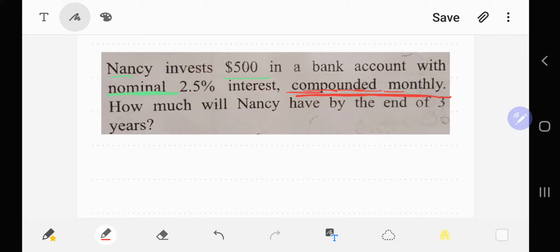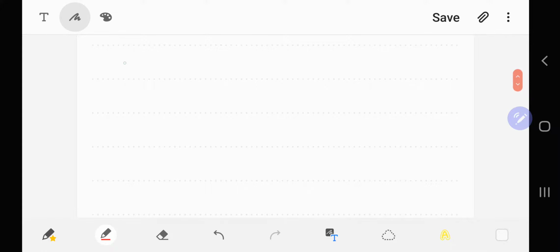So the first thing we're going to want to do is remember our equations. So we're going to do C of t as usual.